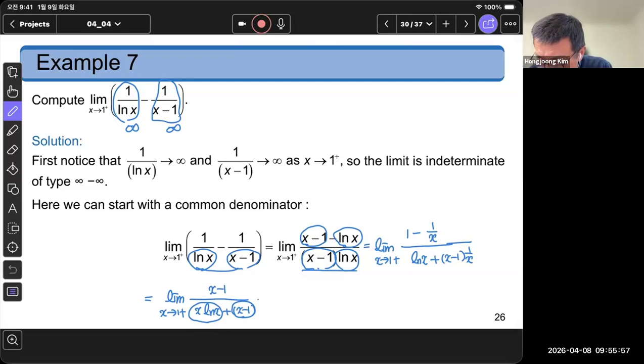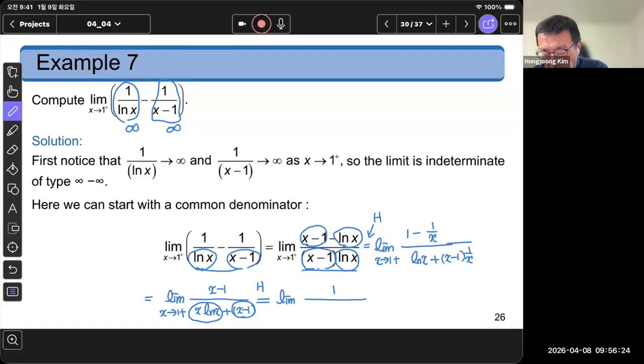So I apply L'Hopital's rule one more time. When I differentiate x minus 1, you get 1. In the denominator, when I differentiate x times log x, that is a product of two functions, so I need to differentiate one by one.